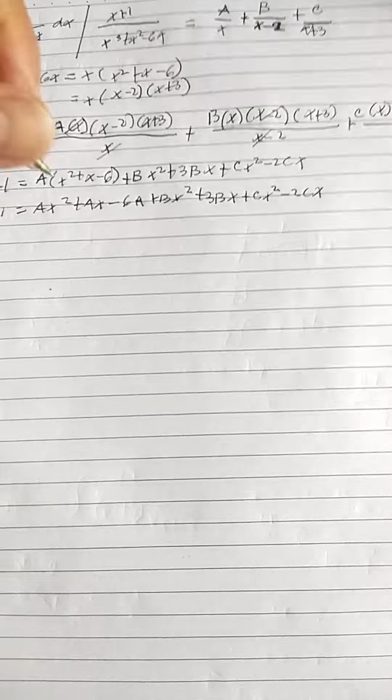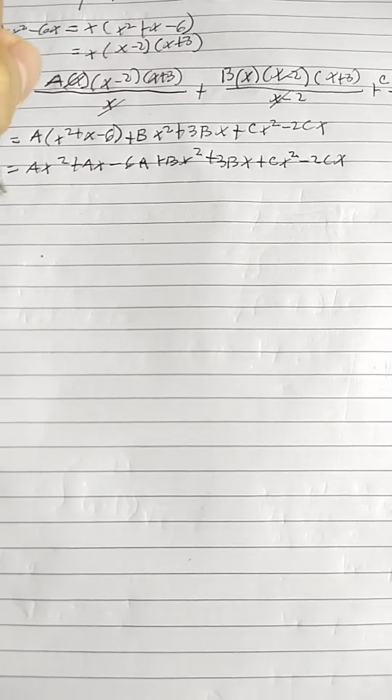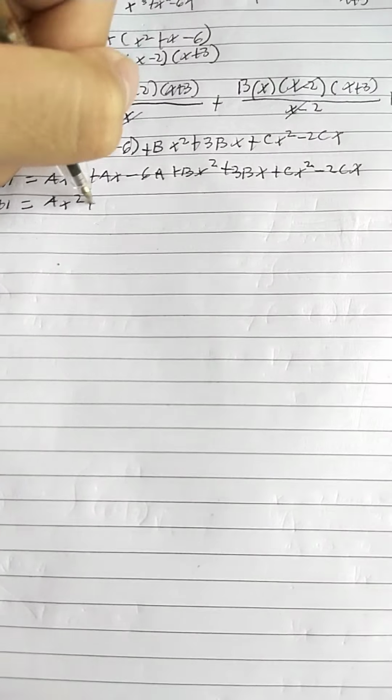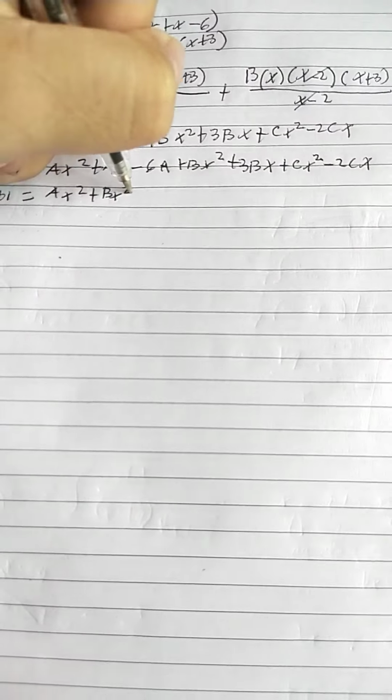Now we are going to group. So x plus 1 is equal to ax squared plus bx squared plus cx squared plus ax plus 3bx minus 2cx minus 6a.